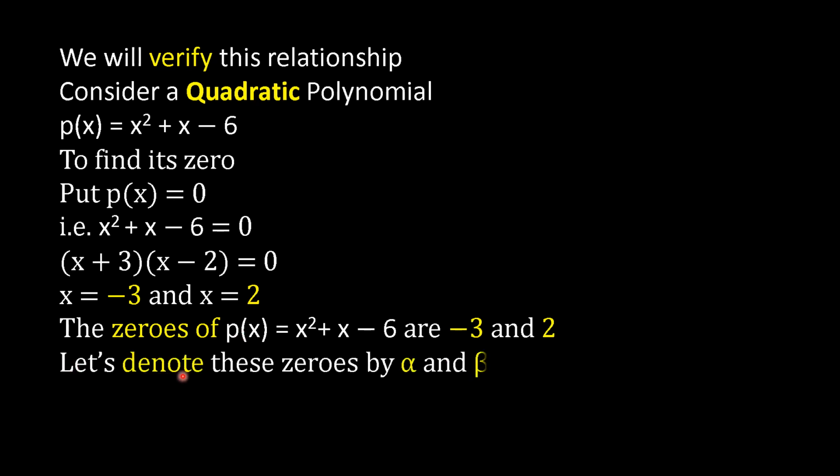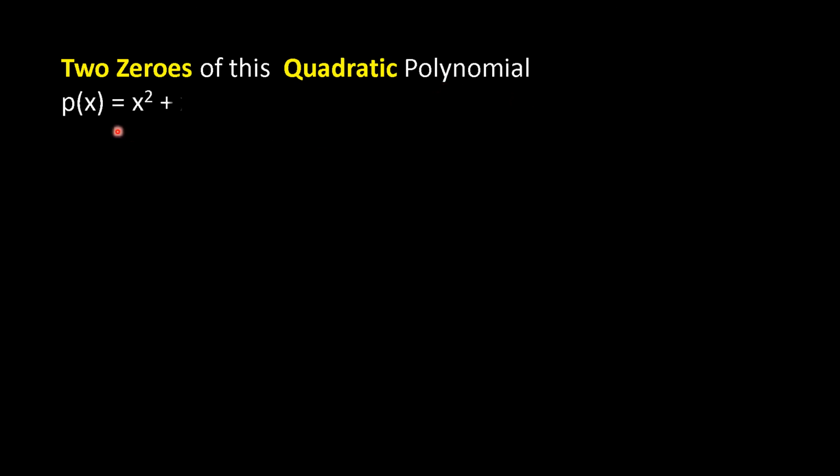We will denote these zeros by alpha and beta, so that alpha will be -3 and beta 2. The two zeros of this quadratic polynomial are alpha = -3 and beta = 2.